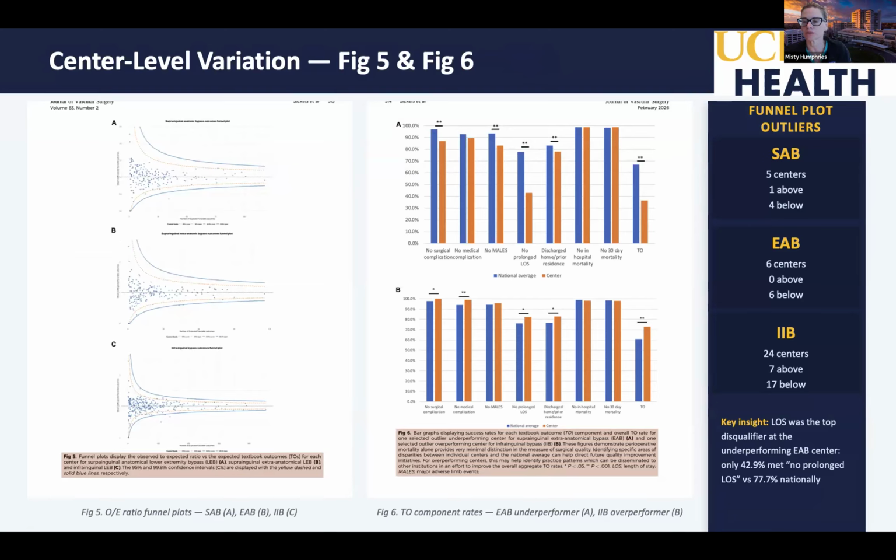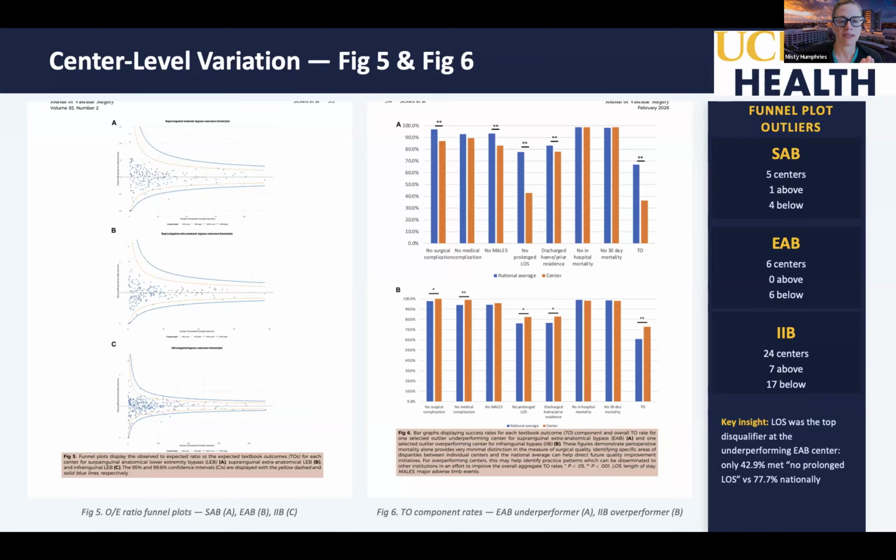And the pictures on the right are a comparison, a bar graph comparison of the rate of textbook outcomes for one selected underperforming center. A looks at extra anatomic bypass and B looks at infrainguinal bypass.